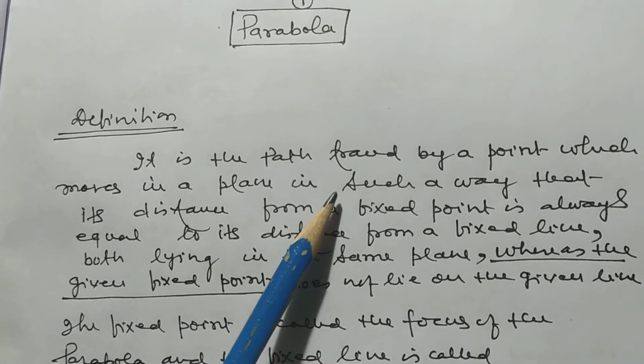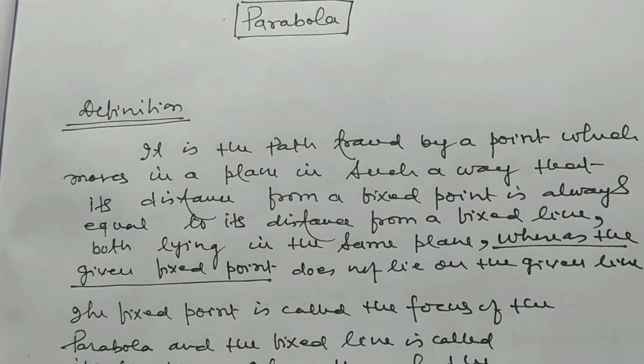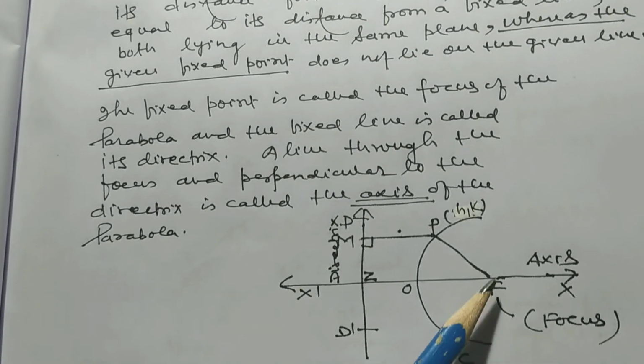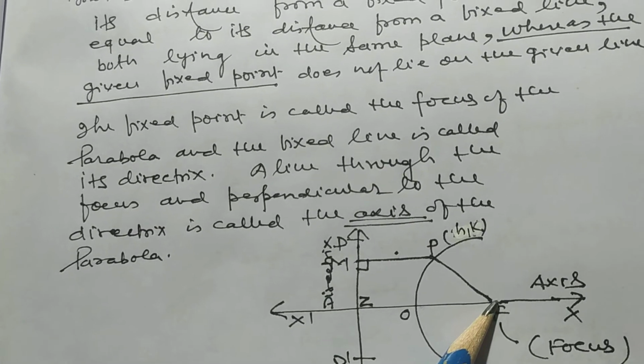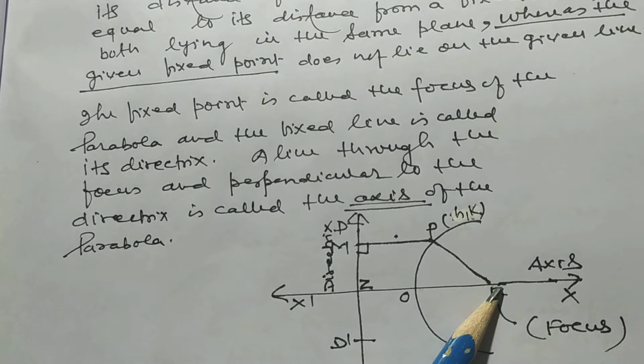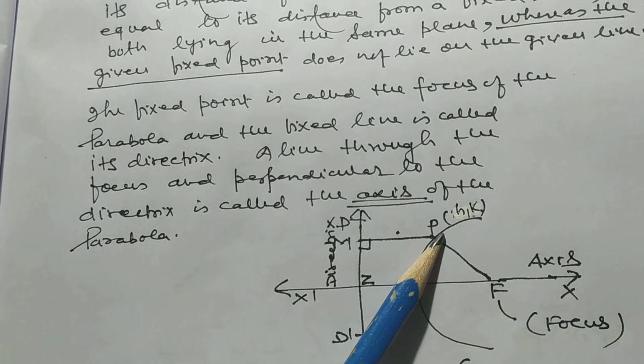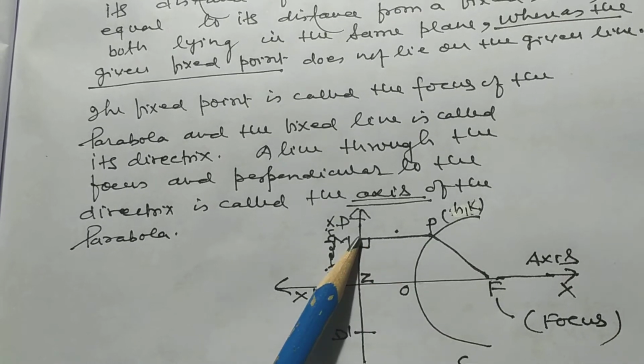It is the path traced out by a point which moves in a plane in such a way that its distance from a fixed point, suppose F is the fixed point, is always equal to its distance from a fixed line.